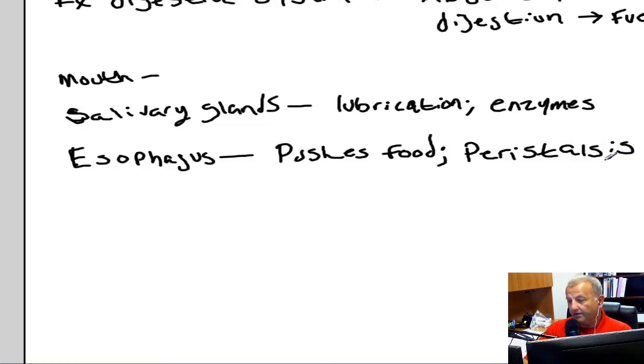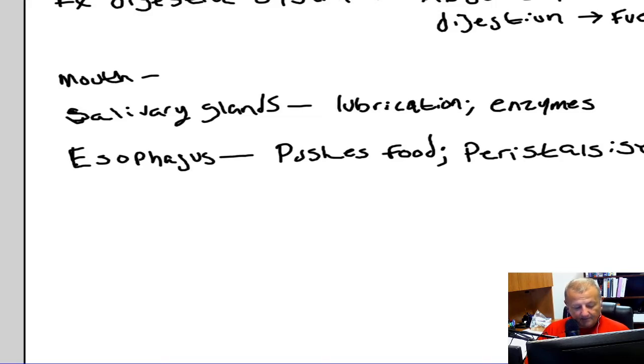When we see peristalsis, we need to think rhythm. It's that rhythmic contraction type movement that moves food along. It's muscles using rhythmic contractions. All right, so that is how that works.